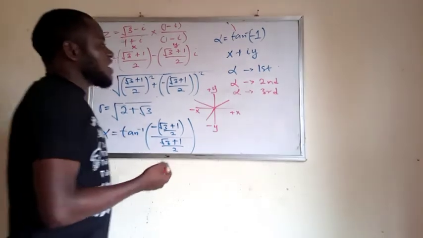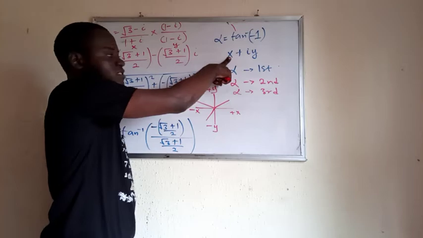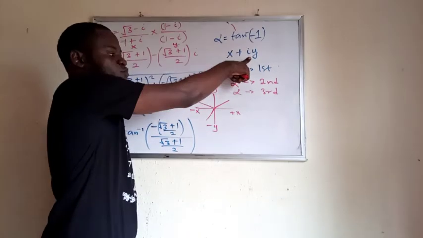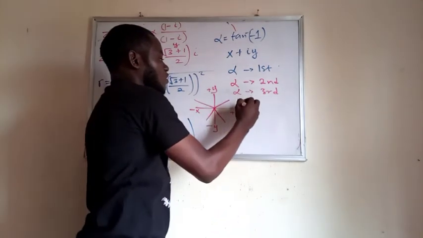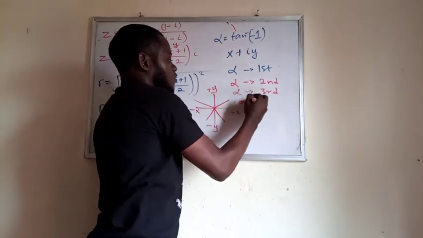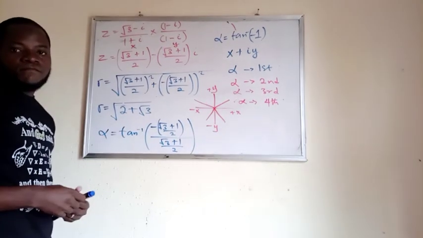And if x is positive and y is negative, your alpha will fall into the fourth quadrant.